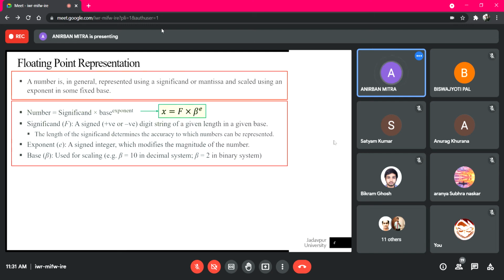Only thing is that the exponent goes from positive to negative. Instead of considering, let's say, for example, base to the power 20, you consider base to the power minus 20. One is a very big positive number, one is very small positive number. So that is the beauty of this floating point representation.